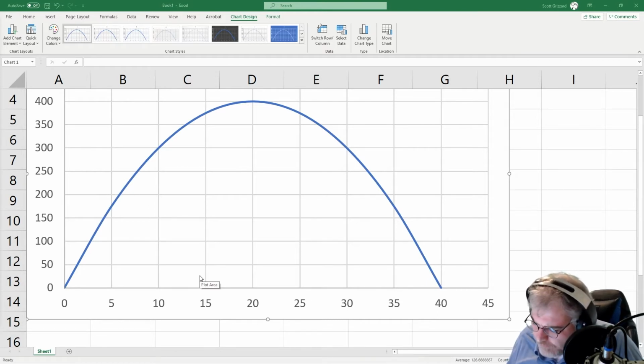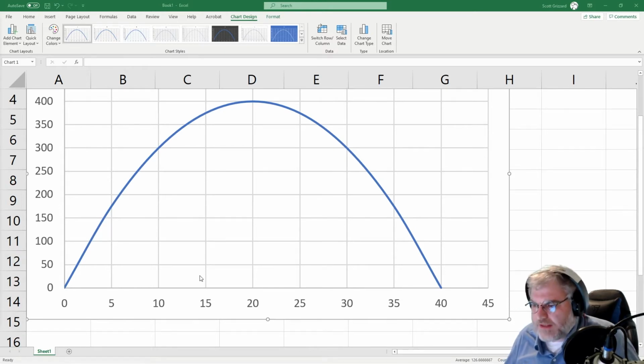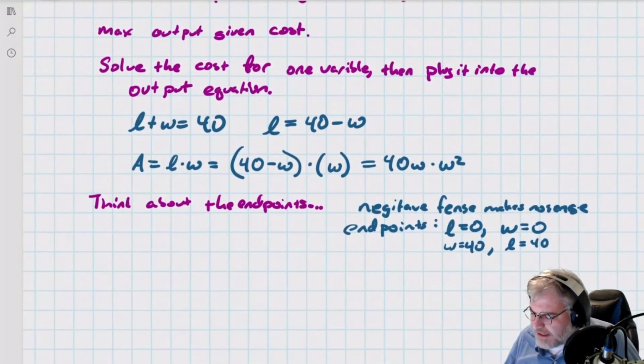So my endpoints are going to be L equals 0 and W equals 0, which is going to give me W equals 40 and L equals 40. So these are kind of my endpoints. Here I'm going to be using W, so I'll use the two W endpoints, but I could use the L endpoints. It doesn't matter.